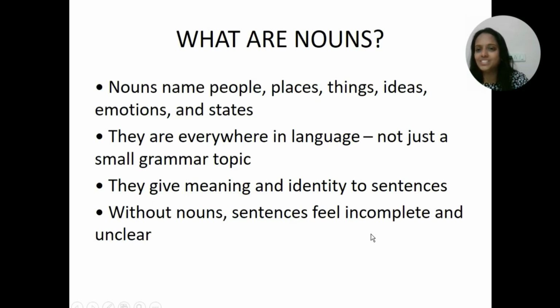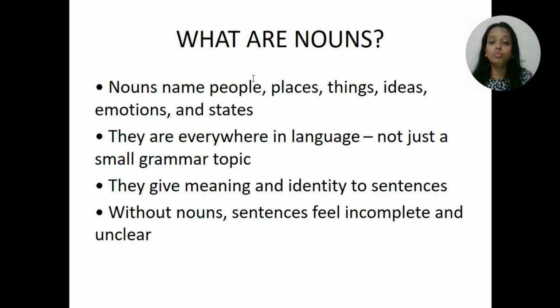What are nouns? A noun is a word used to name or identify a person, place, thing, animal, substance, quality, feeling, state, or idea. Now I know that sounds like a broad definition, but that is exactly the point. Nouns are everywhere. They are not tiny little grammar topics sitting in one corner of English. They are one of the main pillars of the language.